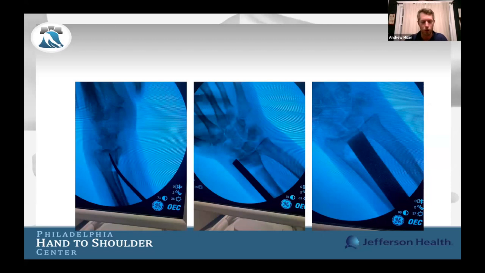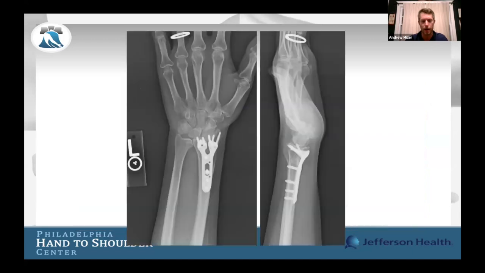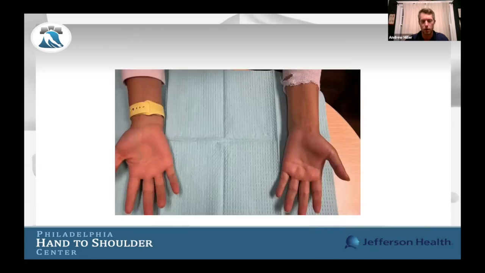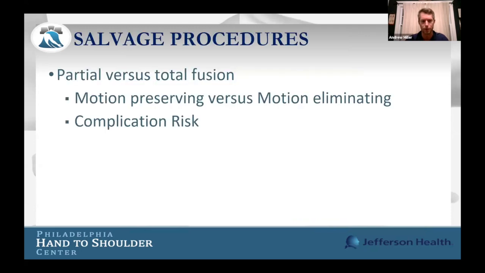I couldn't even visualize a whole lot. So I did go totally open here and made a volar corticotomy to allow my osteotomes to get a better angle of attack. Then I was able to break through and re-elevate that joint line and use a volar plate to hold it together. She had excellent restoration of pronation and supination, still limited on the wrist flexion extension as before, but her rotation was significantly improved, which was really the goal of the surgery.